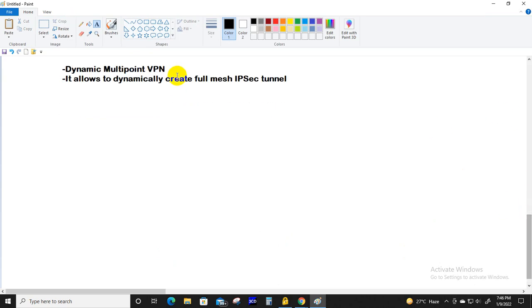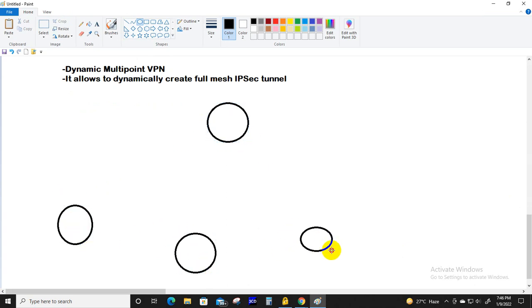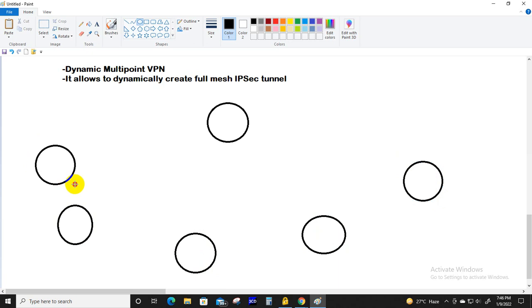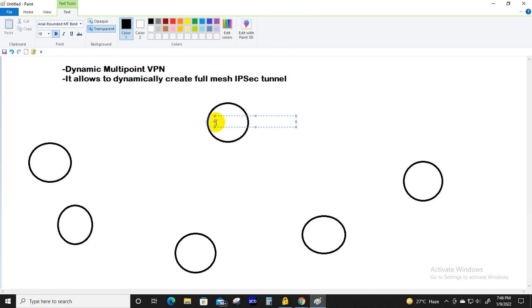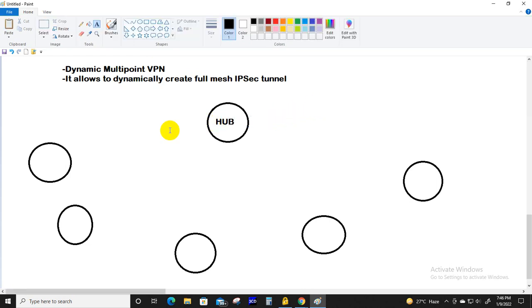Suppose this is your hub and these are your spoke.